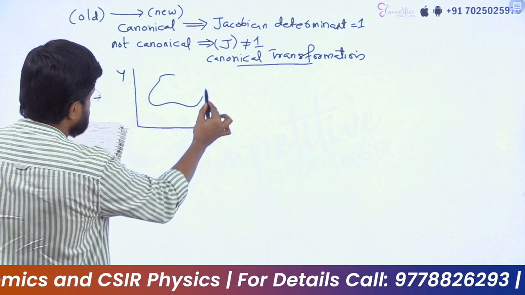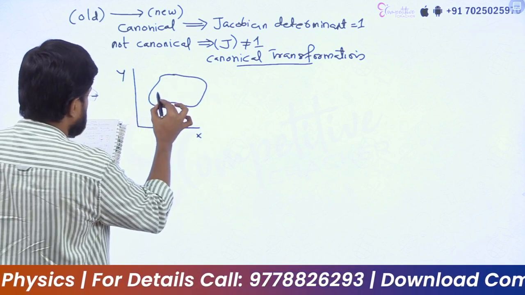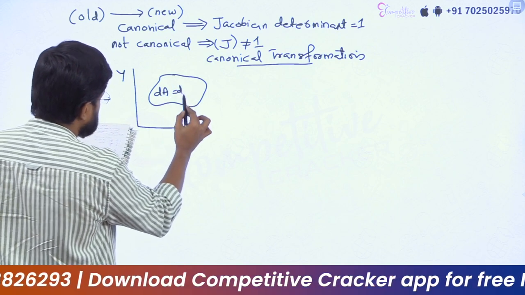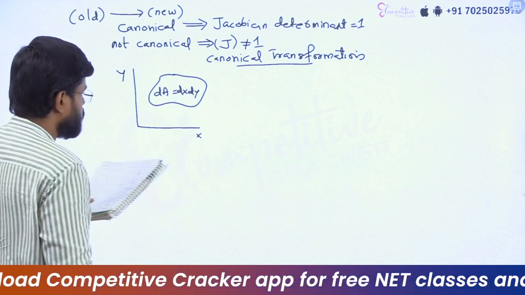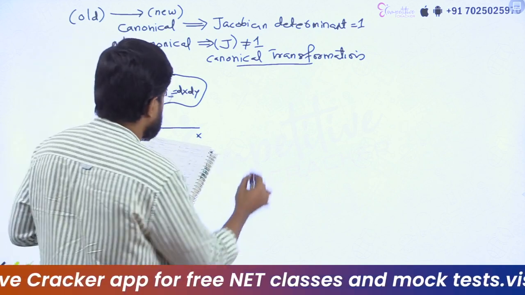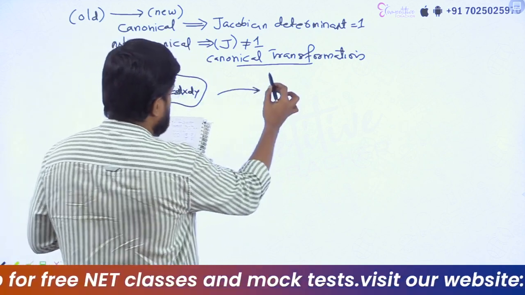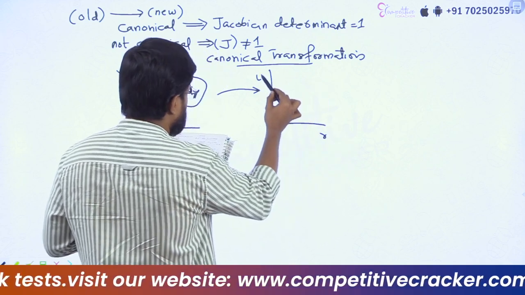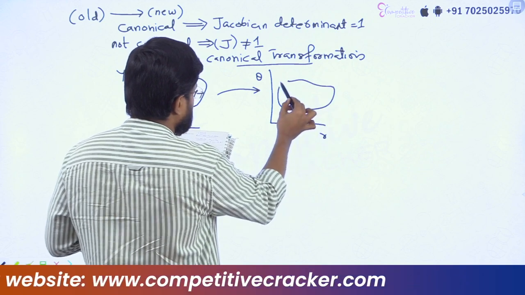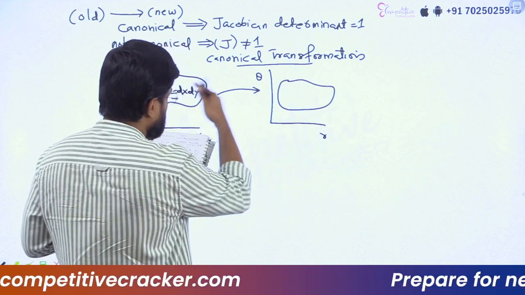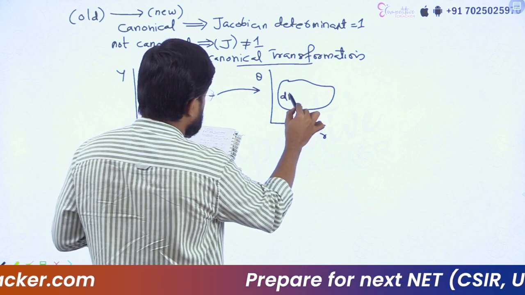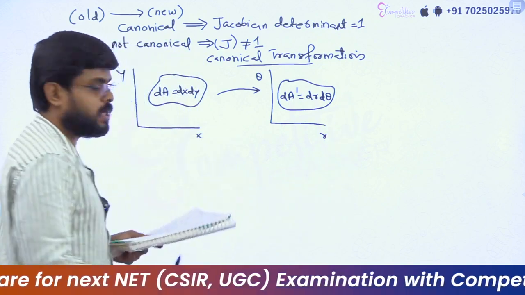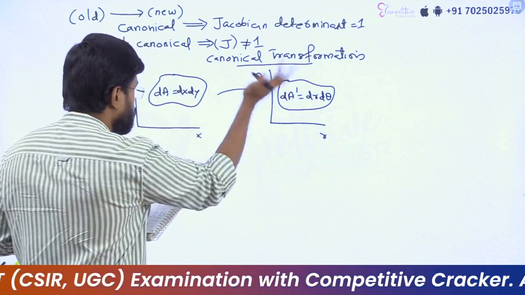I have some function here, and the area defined by this function is given by length into breadth, that is dx into dy. And I am transforming from this coordinate system to another coordinate system, with coordinates r and theta. There also I am maintaining the same area. So this new area dA prime will be equal to dr into d theta.